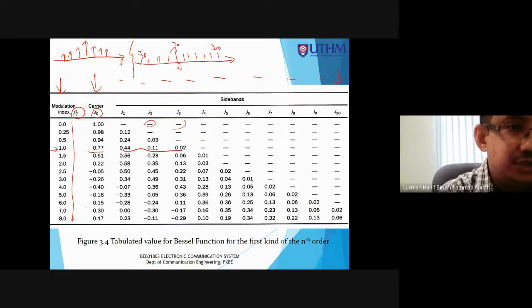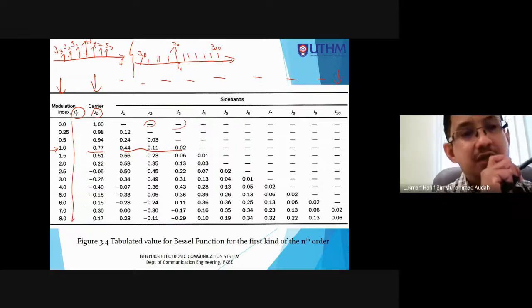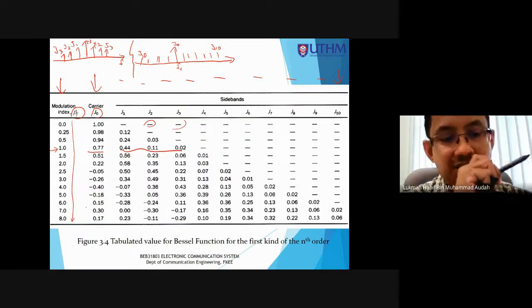So this is J0, J1, J2, J3. This is also J1, J2, J3. And the value here is the relative amplitude.